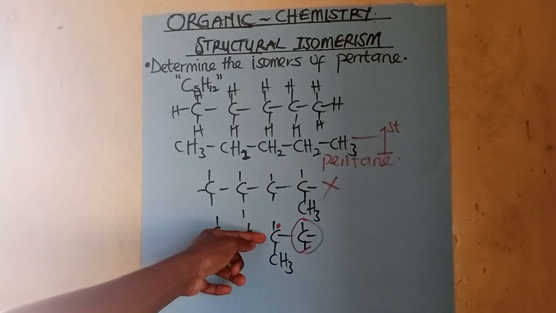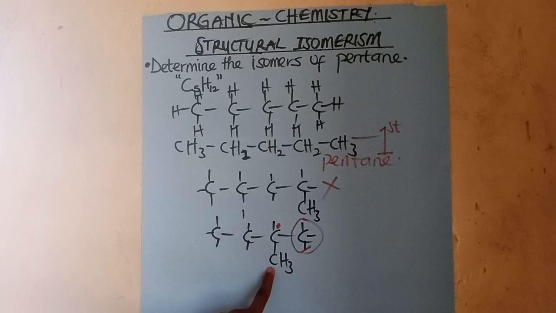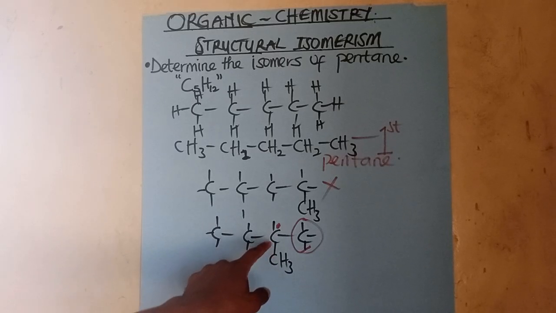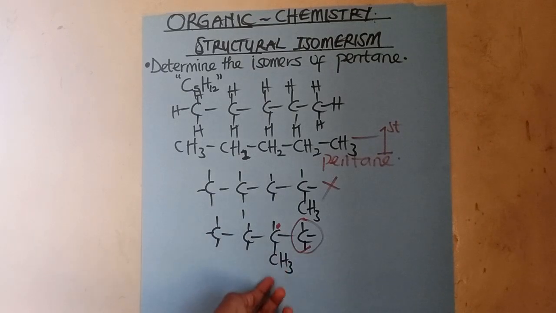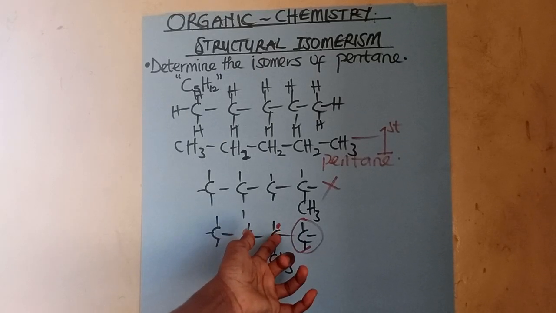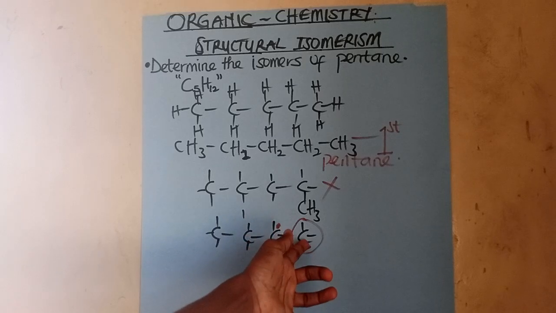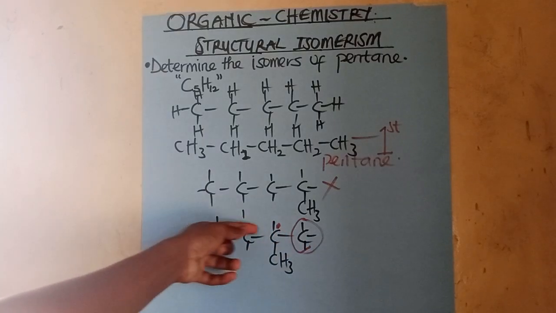If I'm counting from here or from here, which one is closer to the carbon atom carrying my substituent? It is from this place, as you can see, from the rules of naming organic compounds. So counting from here is closer to the carbon atom carrying my substituent.